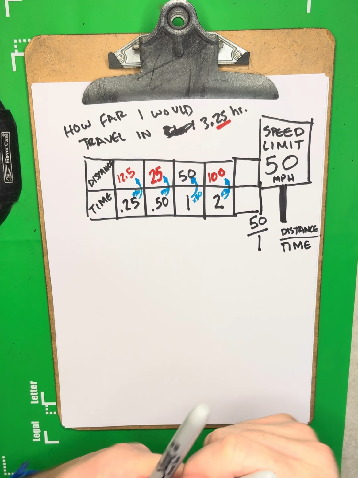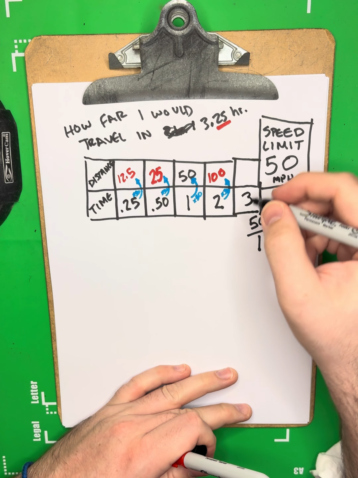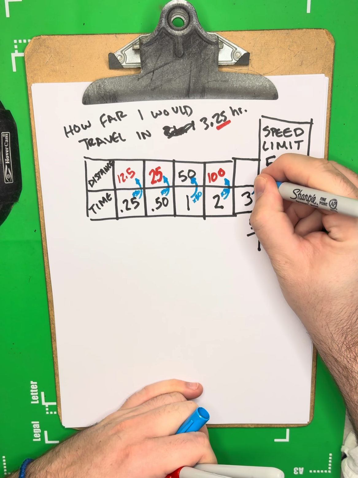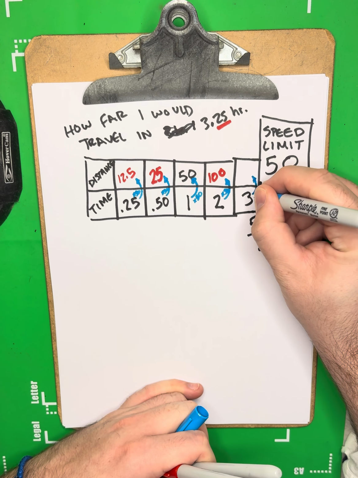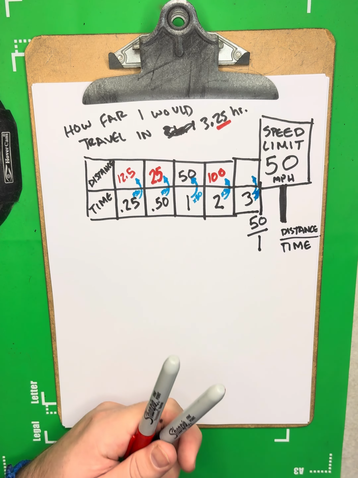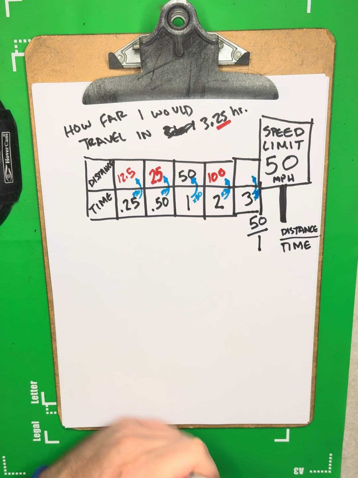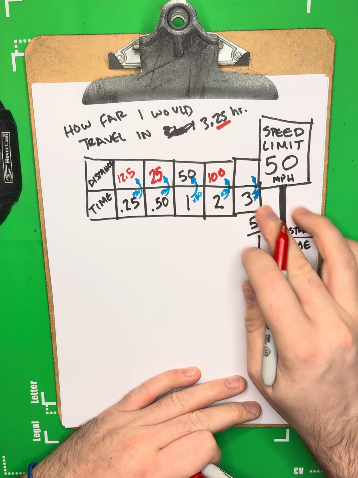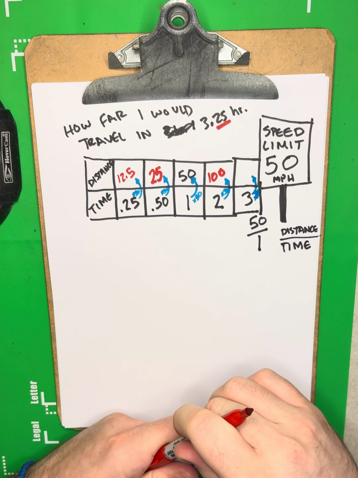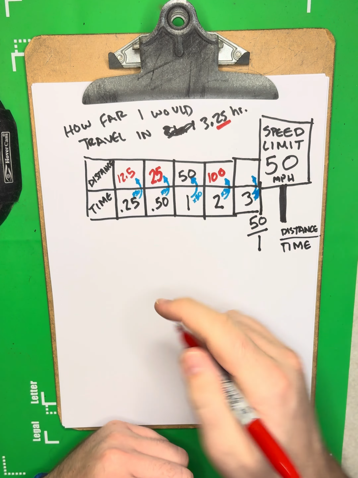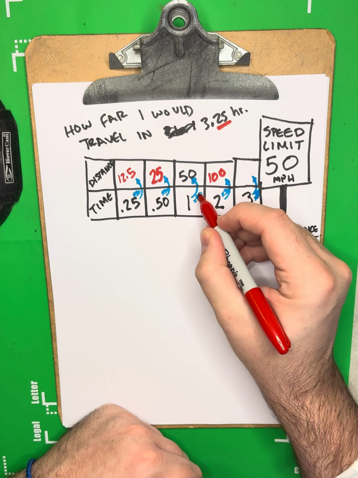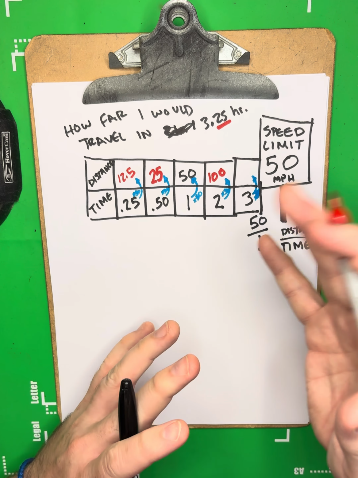We see that we have 3, times 50. Now, if we do 3 times 50, if you're not good at your multiplication, you can write it out. There's also a trick: since this is 50, it has a 10 involved there.